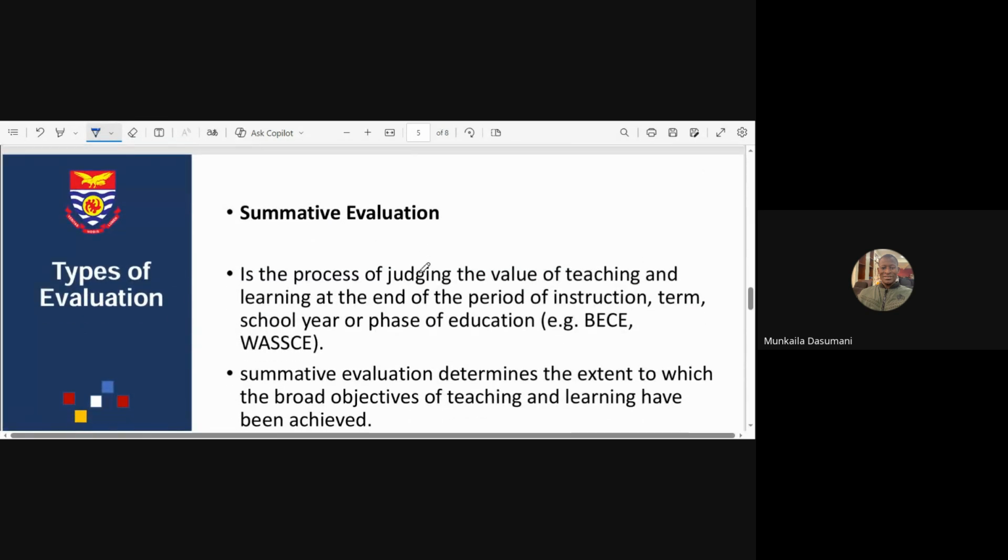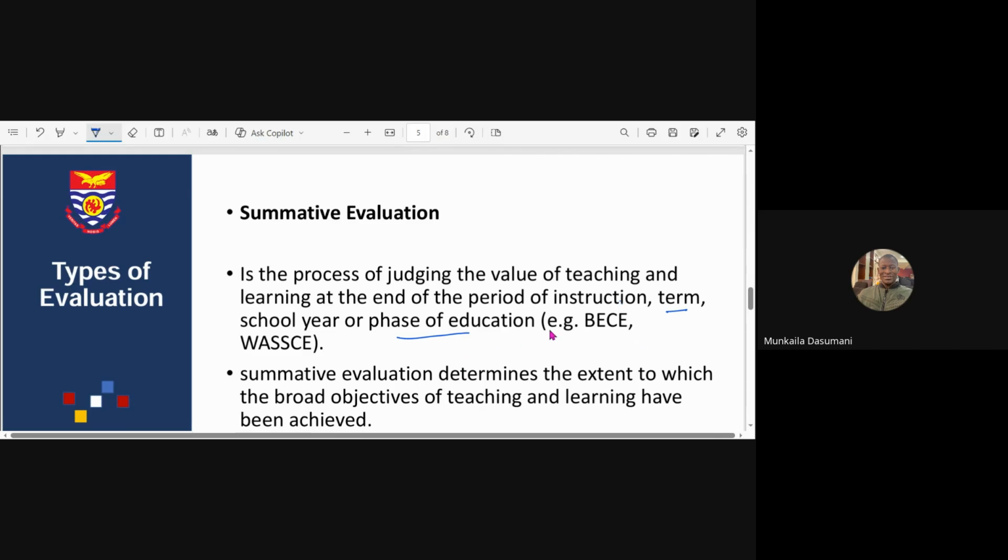And then we look at the second type of evaluation, which is summative. The name says summative, at the end. This is the process of judging the value of teaching and learning at the end of the period. It can be a term, it can be the school year or phase of education.